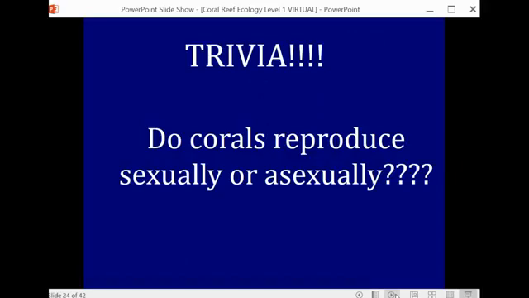I want you to tell me if corals reproduce sexually or asexually. Do corals reproduce sexually or asexually? A little bit of a trick question, but I feel like you guys can figure it out. Seem pretty smart.